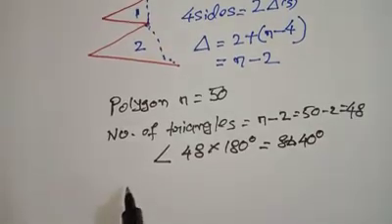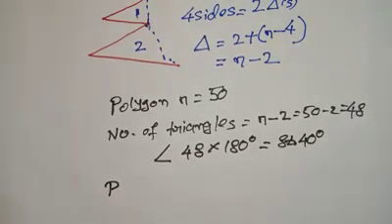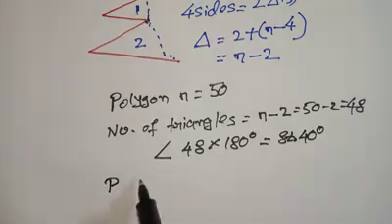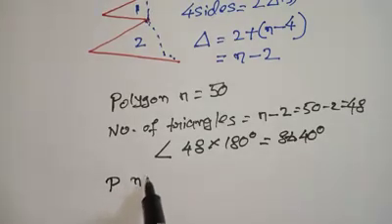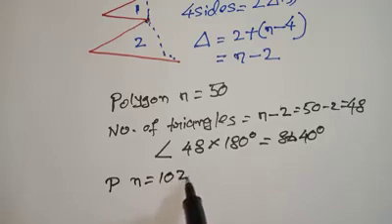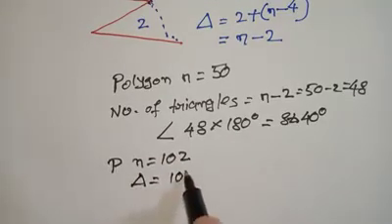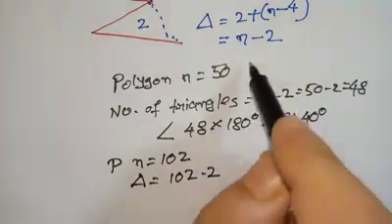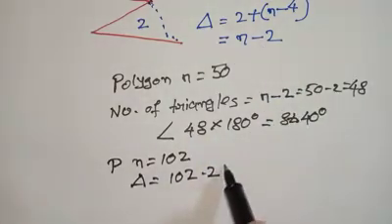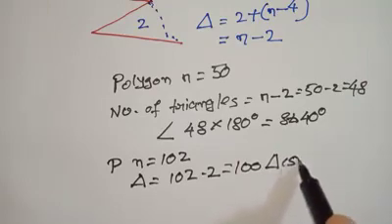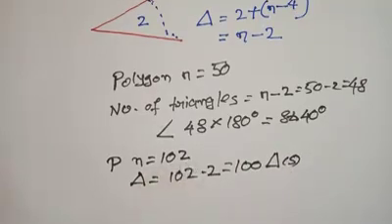Similarly, given a polygon, I represent it as P, which has 102 sides, that means n equals 102. The number of triangles it would form would be 102 minus 2 from this formula, so 100 triangles for a 102-sided polygon.